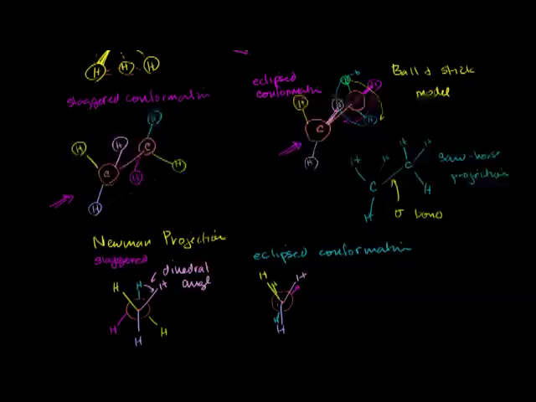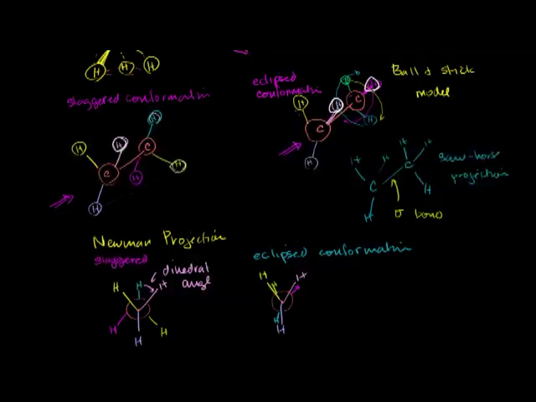Now, in the eclipsed conformation, this hydrogen and this hydrogen are closer to each other than when you go to the staggered conformation. In the staggered conformation, the closest hydrogen to this guy is going to be either that hydrogen or that hydrogen, but they're both further away than this hydrogen was in the eclipsed conformation.